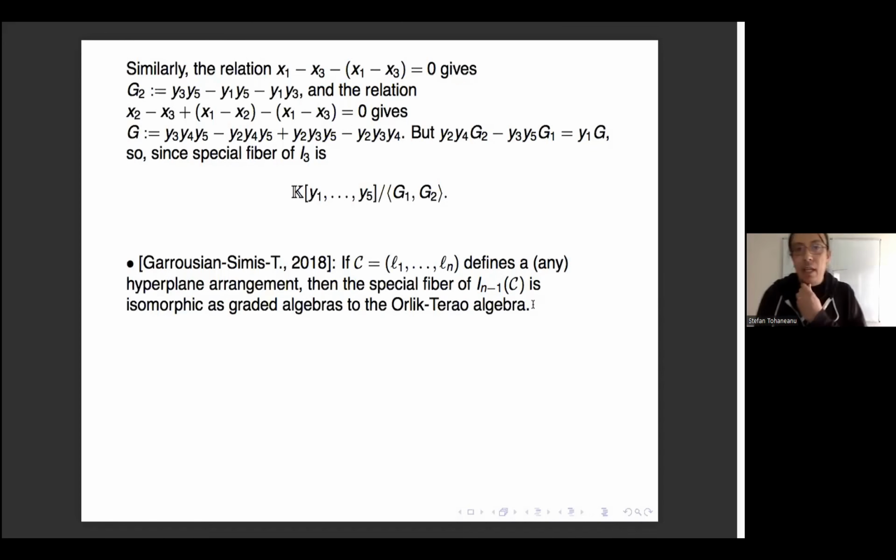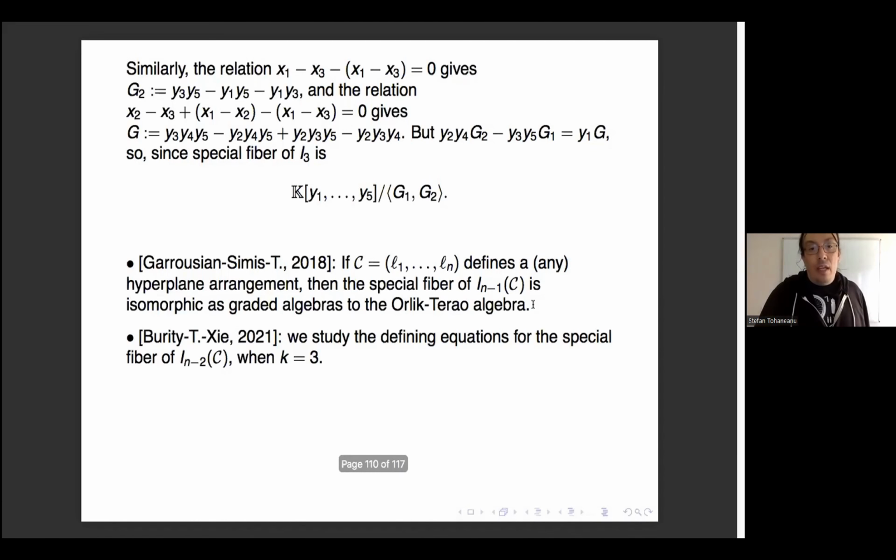It wants to be the commutative algebraic analog of the Orlik-Solomon algebra, which is the cohomology ring of the hyperplane arrangement. So that one has a very important, crucial meaning. The Orlik-Terao algebra also became very important in the field. It's also known as the algebra of reciprocal planes and so forth.